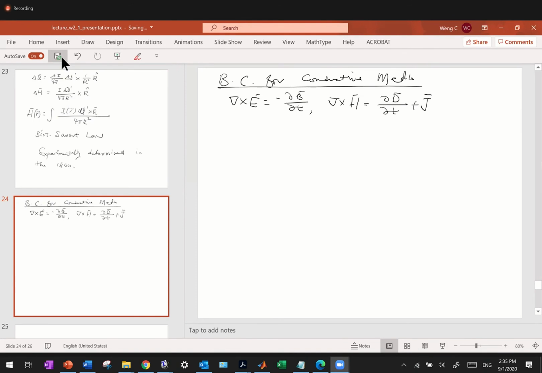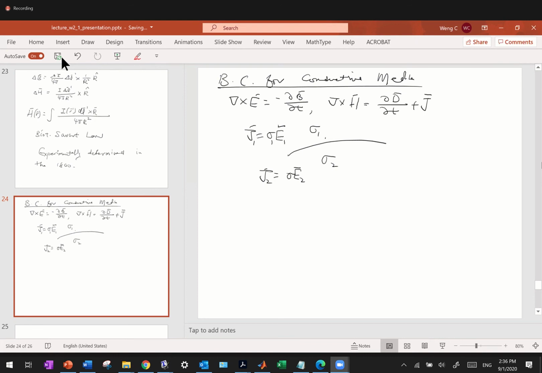If we have a conductive medium where J equals sigma E, in region 1 we have sigma 1, and in region 2 we have J2 equal to sigma 2 E2. It will be interesting to ask ourselves, what are the boundary conditions for a conductive medium?